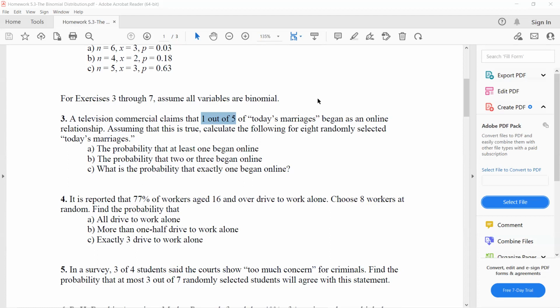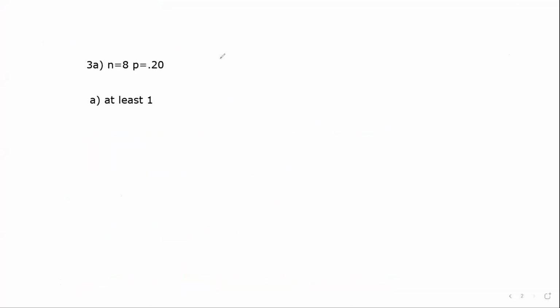So what that means is that X here goes from 1 to 8. It doesn't include 0, but it includes all of these. So we're going to say probability of X greater than or equal to 1.